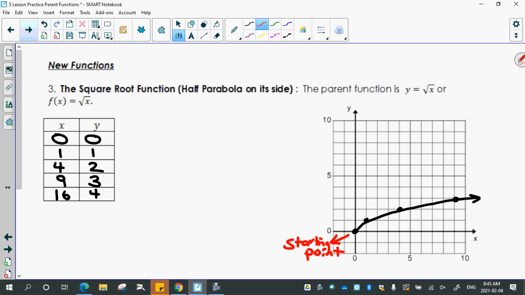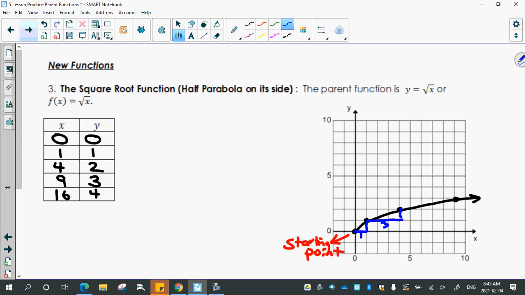But the other thing that makes it a half parabola on its side is its step pattern. So we go over 1, up 1. So here, my over is 1. To get to the next corner, I go over 3, up 1.